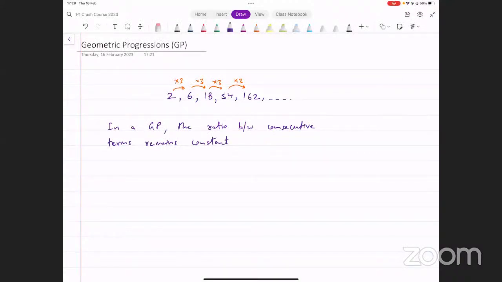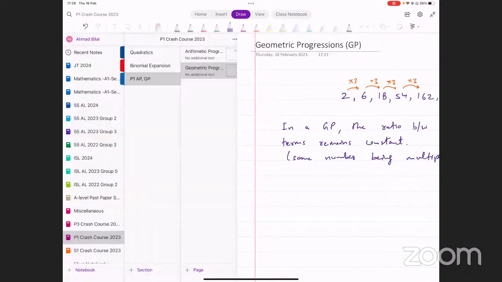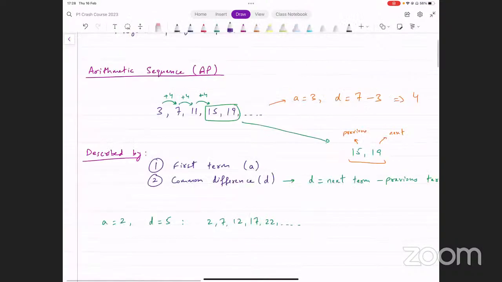So it's 1:3, 1:3, 1:3 for all of them. So essentially what this means is you've got the same number being multiplied to get the next term. Remember arithmetic sequences, what used to happen here? You had the same number added or subtracted. In a geometric progression, you've got the same number multiplied. All right, sometimes you could have ratio like this as well, 1/2, for instance.